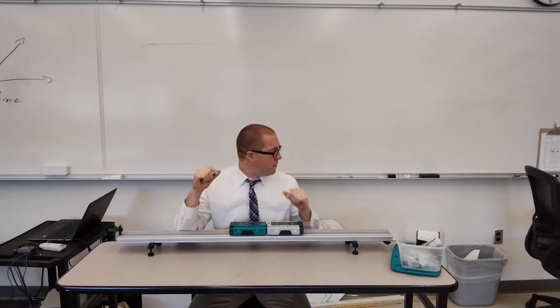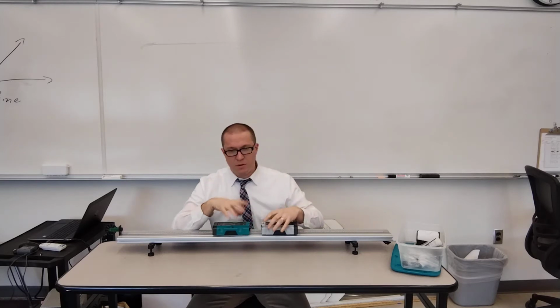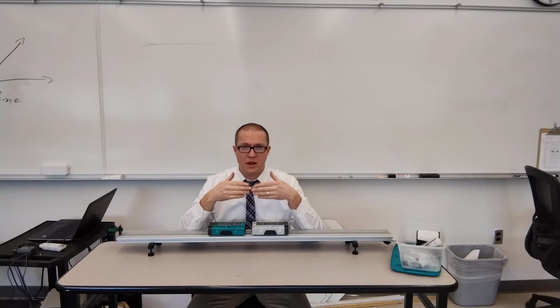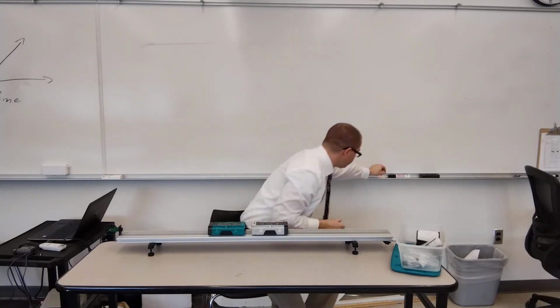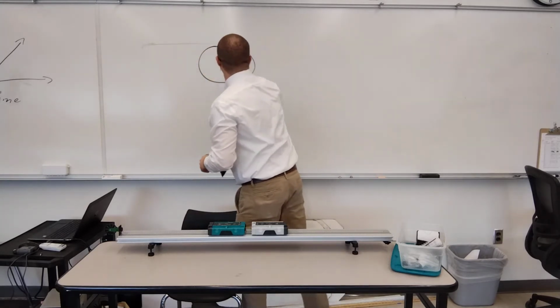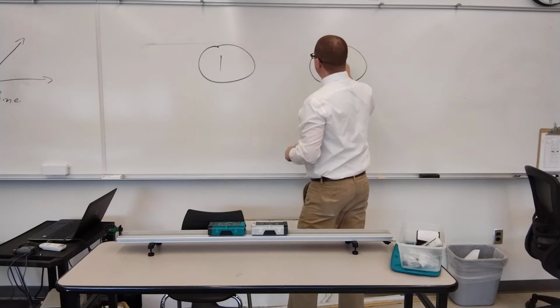If you remember from the impulse discussions, when two objects collide, they apply an equal and opposite force on one another, right? So we have object 1 and object 2.